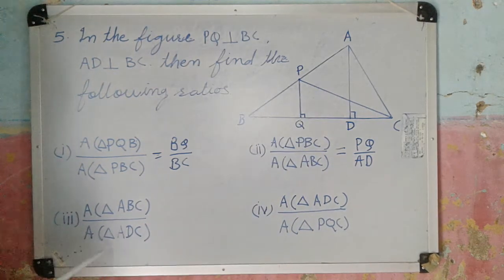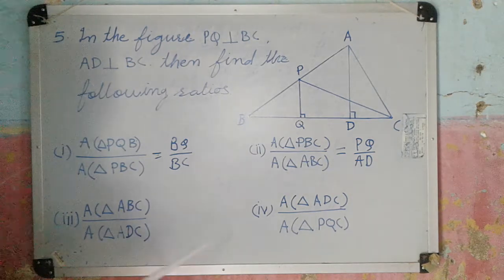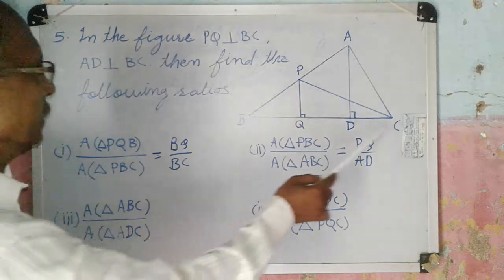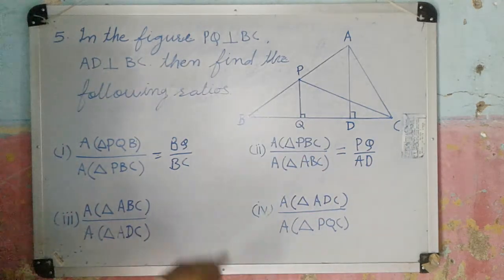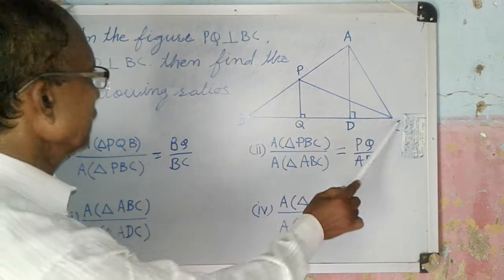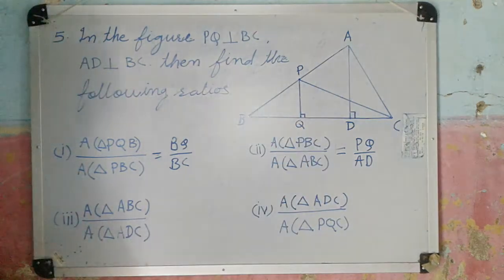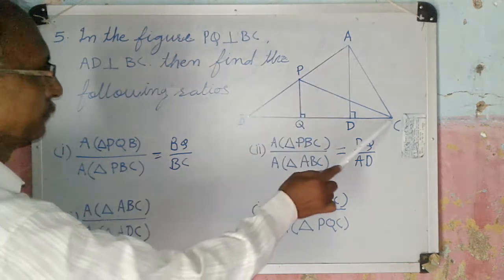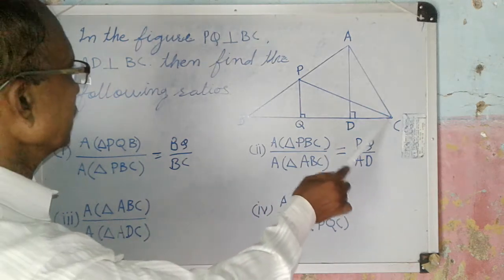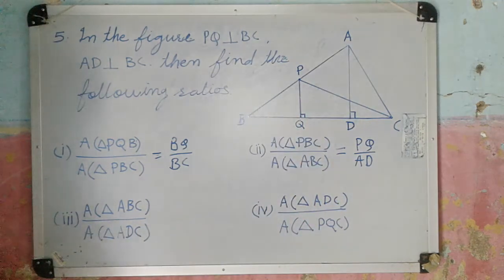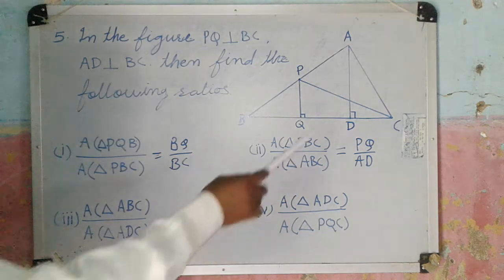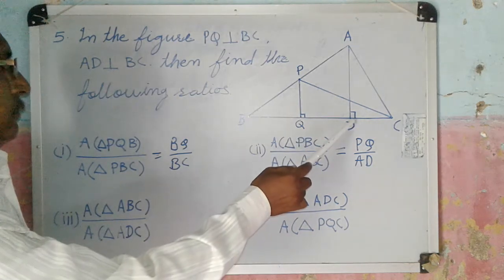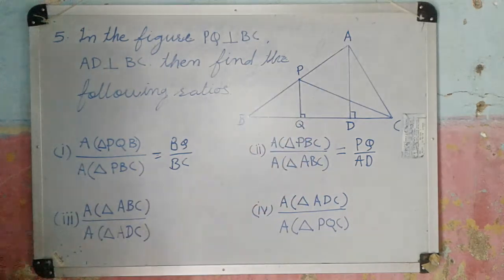Now here, in third example, area of triangle ABC upon area of triangle ADC. Now here, triangle ABC, base is BC and height is AD. Now, in triangle ADC, base is DC, height is AD. That means here both triangles have the same height.